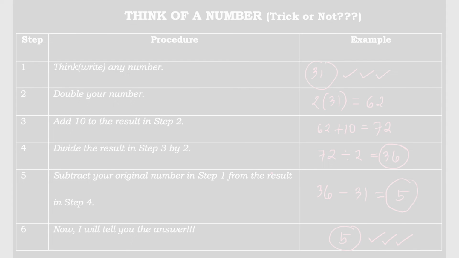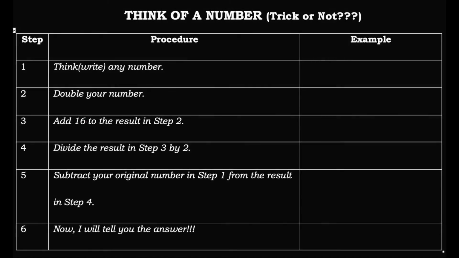Let's do another example. In this case, we will change a bit, especially in step number 3. So, first step, think of a number, any number. In this case, I will select a very simple number, number 1. My number here is 1. Do not follow me. Choose another number except 1 because number 1 is my number. You may choose 1,000, 1 million, 3 million, 1 billion, any number.